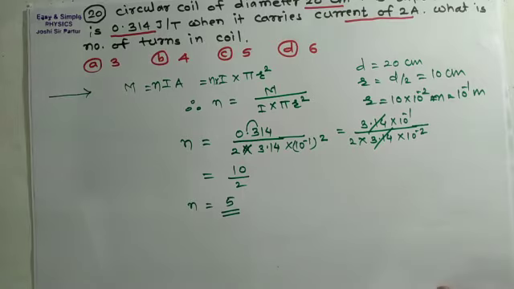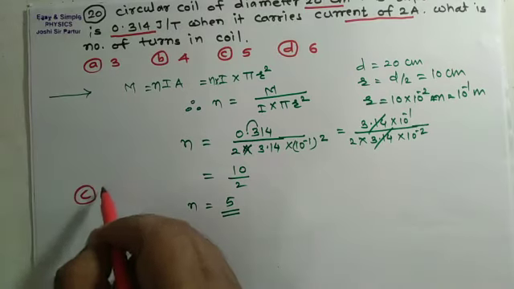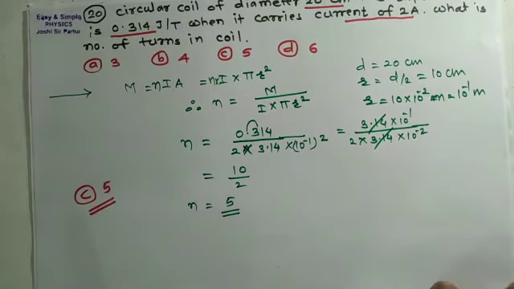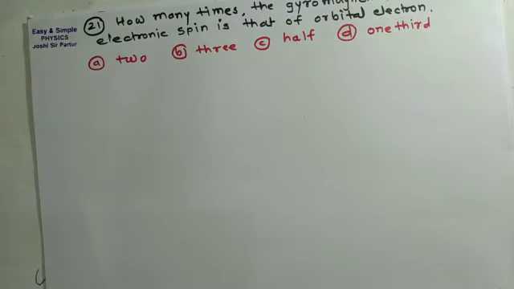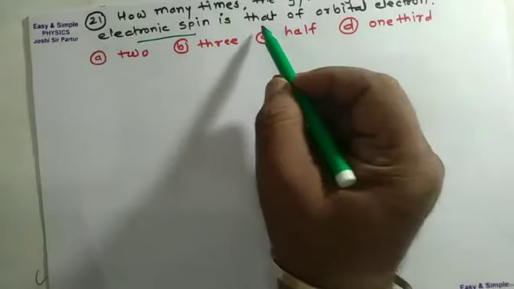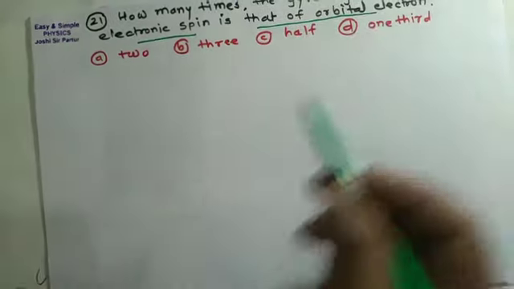Again, the answer will be option C, 5. Again, we can solve: how many times the gyromagnetic ratio of electron spin is that of the orbital electron.